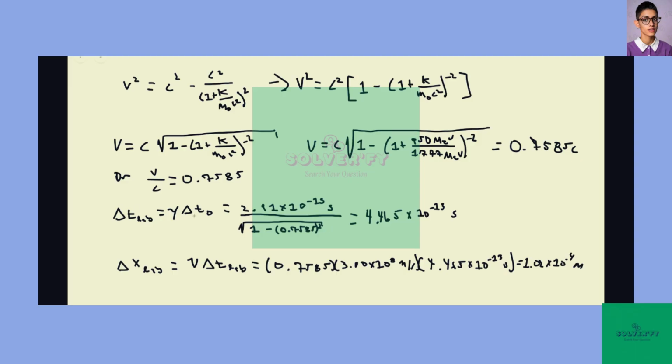The gamma value is larger because this value would be smaller, because this part would be larger. It lives long enough to be measured at sea level because of relativistic effects.